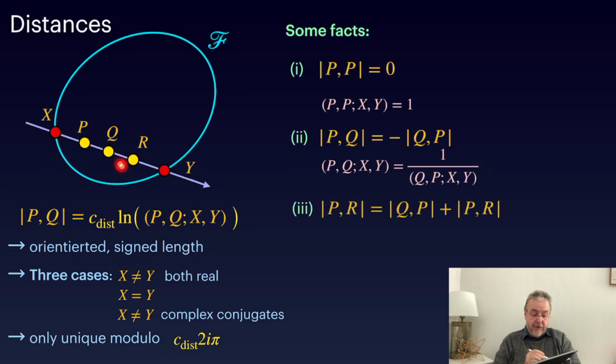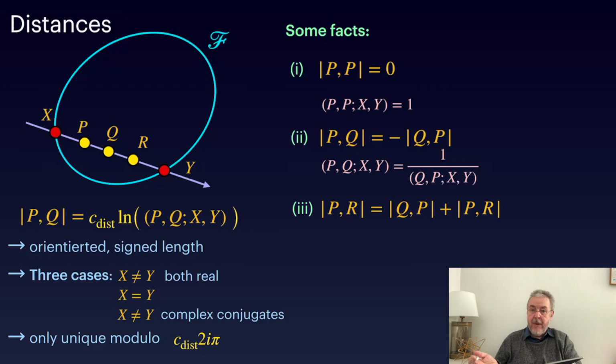The last thing also has to do with multiplicativity. I introduced the point r in our drawing, and I now want to see how the distance of p to q and q to r relates to the distance of p to r. And what you get is such a nice additive relation here.